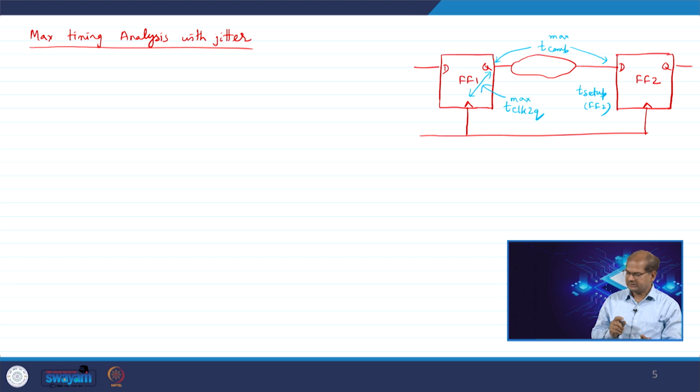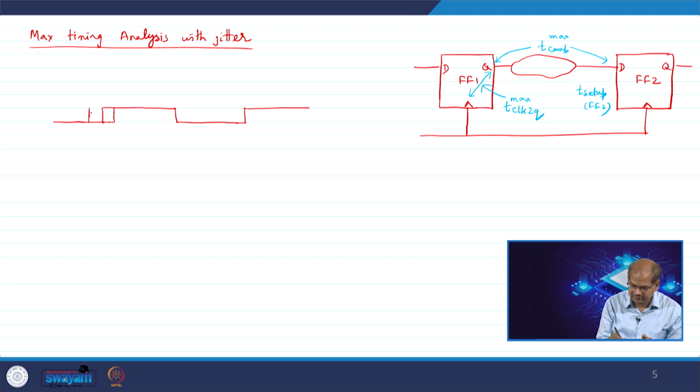Now, because of the jitter, I have to draw the timing waveform. Ideally, the timing is like this. Now, because of the jitter, it can arrive early or it can arrive late.